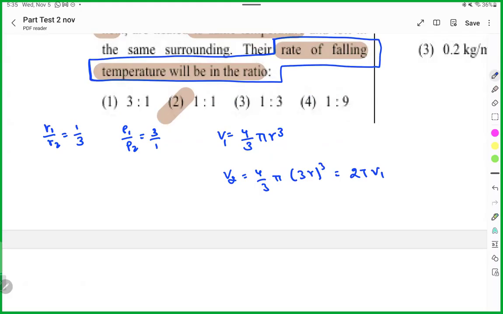This rate of falling of temperature will be in the ratio. That is the rate of change in temperature with respect to time. This is what we have calculated. And how does this rate of cooling depend upon the different values? It directly depends upon the area and inversely depends upon the mass.